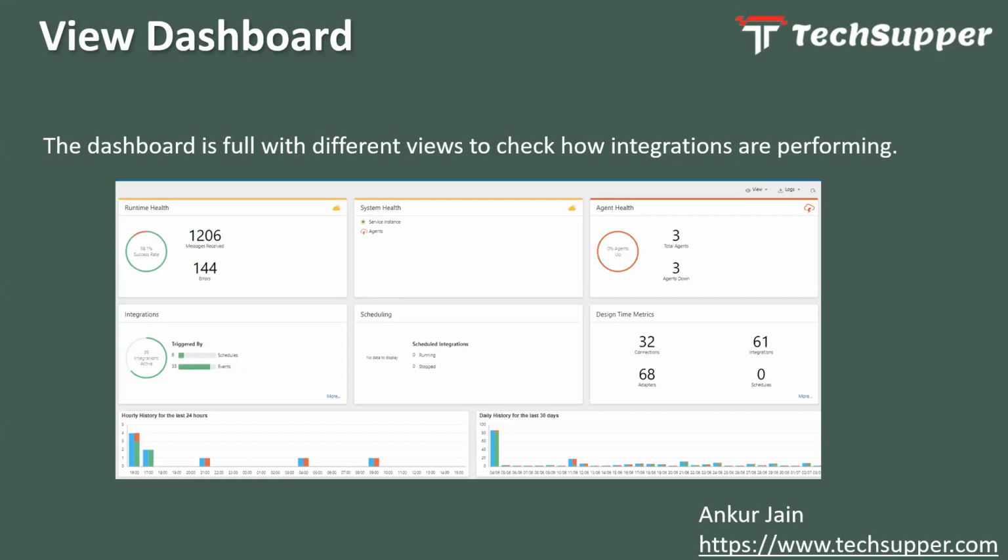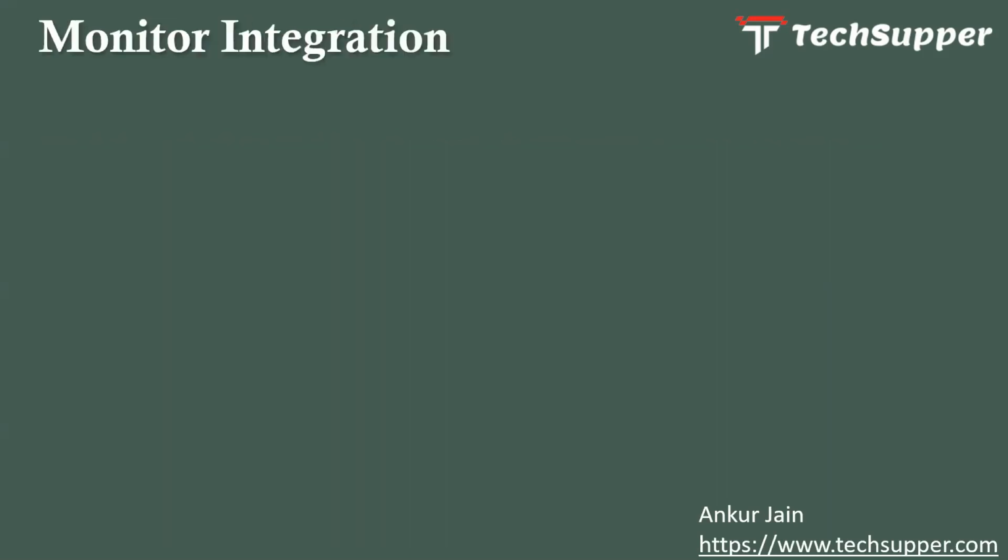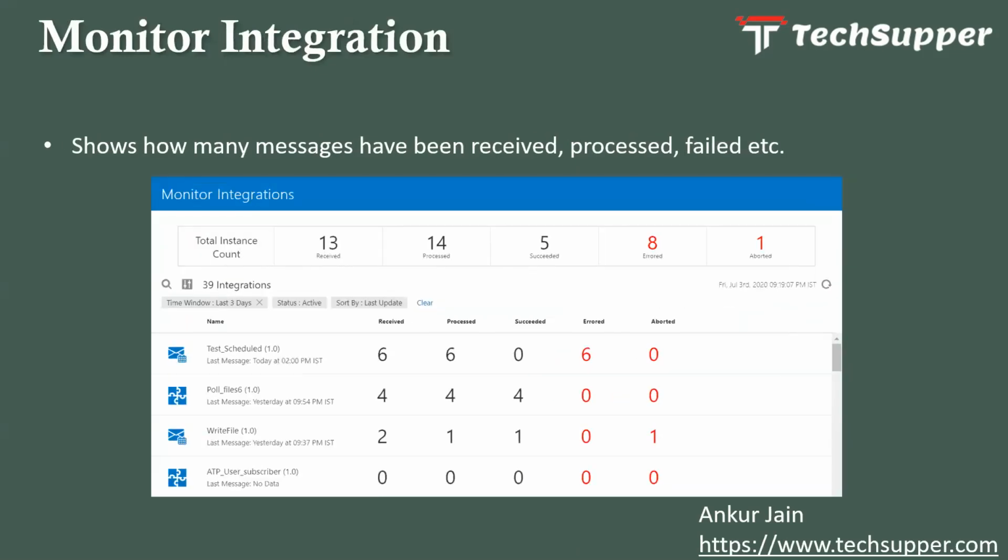So this dashboard depicts different information of the integrations. Another screen allows us to monitor integrations. This screen groups the integrations, and for every integration it will differentiate how many messages have been received, how many got processed, how many succeeded, errored out, and then aborted.